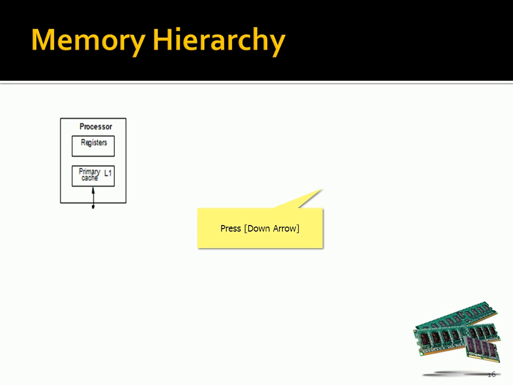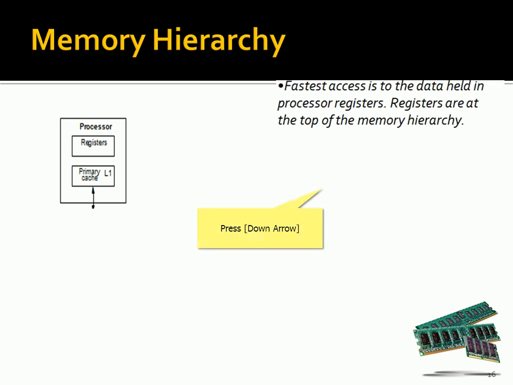Then there is a small memory called cache memory, which is the L1 cache for data or instructions, for storing information, and so on. That is the fastest access, as data is held in the processor registers. Registers are at the top of the memory hierarchy because they are electronic devices, flip-flops, so they are basically fast.